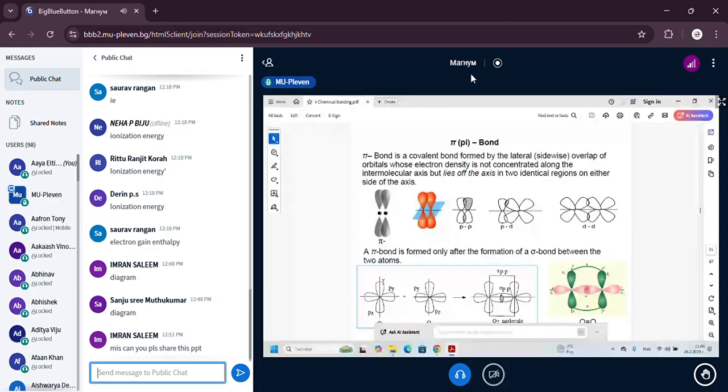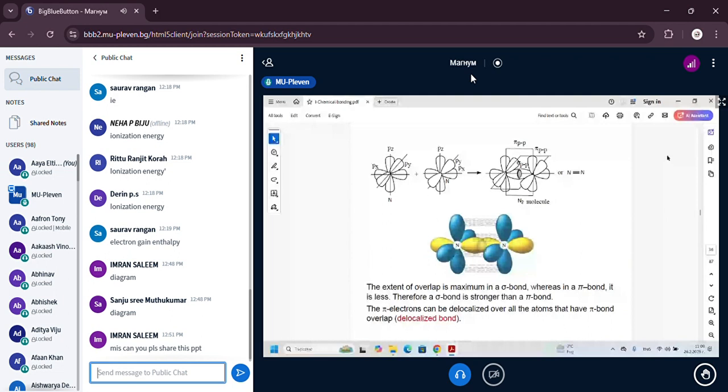And these two orbitals overlap sideways. In this type of overlapping, like here it is shown, pi bond is formed. That's why we say in the oxygen molecule there is one sigma bond, and one pi bond. The double bond consists of sigma and pi bond.